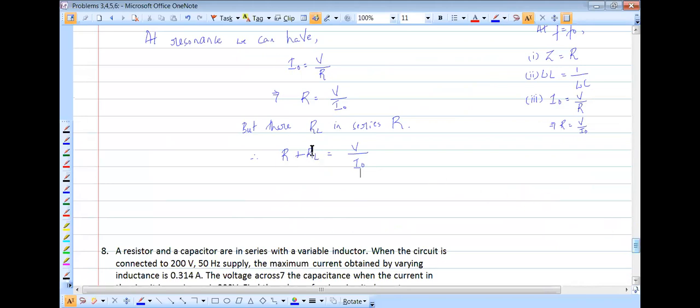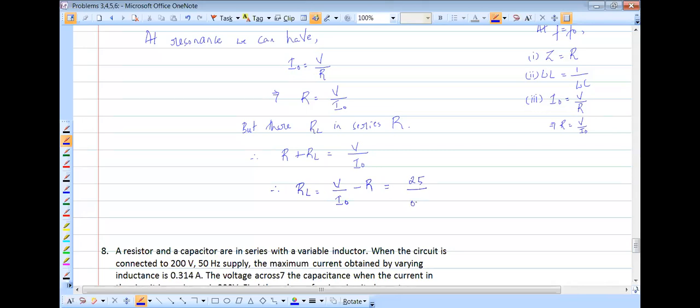This is the resistance of the inductance coil. So R also we know. Therefore, we can have RL equal to V by I naught minus R. V is 25 volts, the applied voltage.